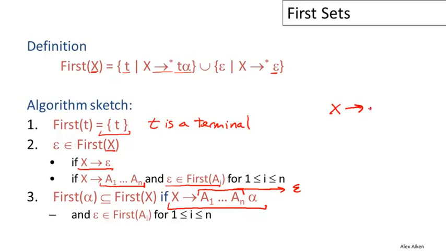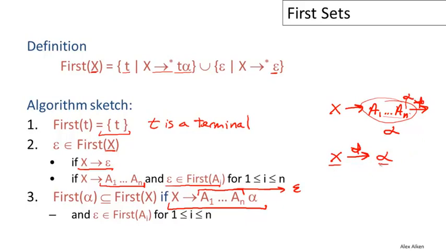If we have a derivation like this, and then through some number of moves it goes to alpha, that means that X can, through a bunch of moves, derive alpha itself. So X can go to alpha by wiping out all of the A_i, and I forgot to put the alpha here on the end. There should be an alpha after A sub n there.